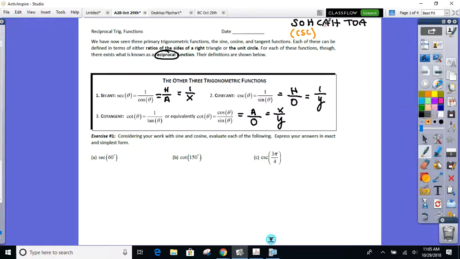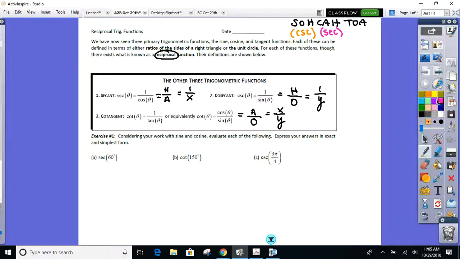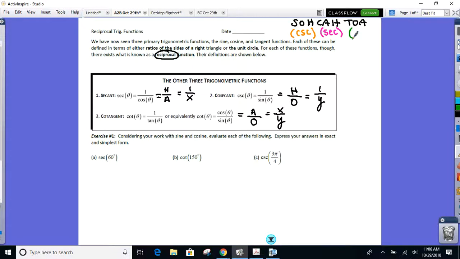What do I get when I flip cosine? Secant. I'm going to abbreviate it SEC. And then when I flip tangent, cotangent, COT. Here's how I'm going to have you remember which one you flip. That's secant, right?